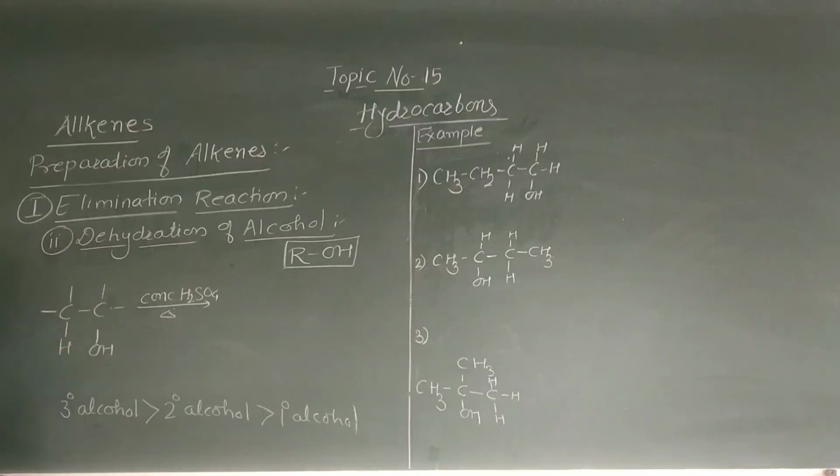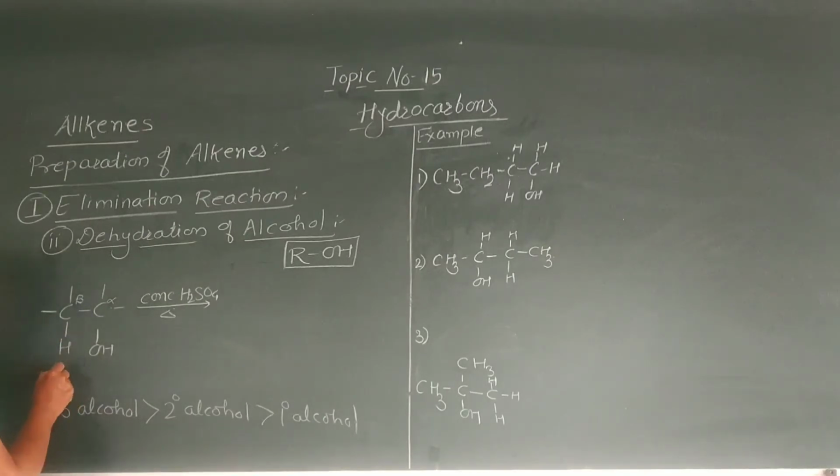Now this is an alcohol in which two carbon atoms are attached to the OH group and a hydrogen atom. The carbon atom which is bonded to the OH group or hydroxy group is called the alpha carbon atom, and the next carbon atom to the alpha carbon atom is the beta carbon atom. From this beta carbon atom, this hydrogen atom is removed.